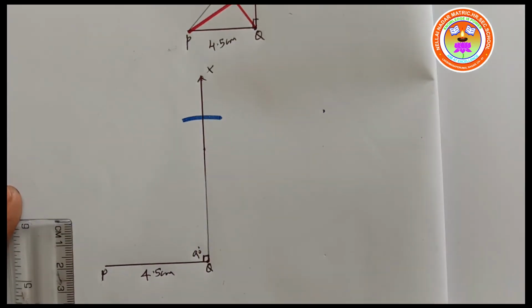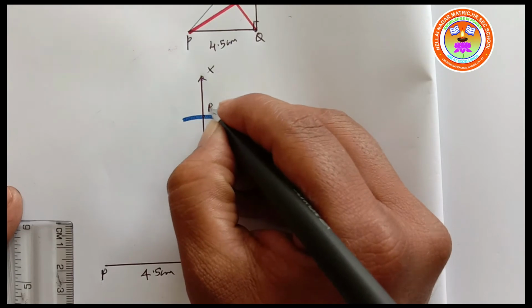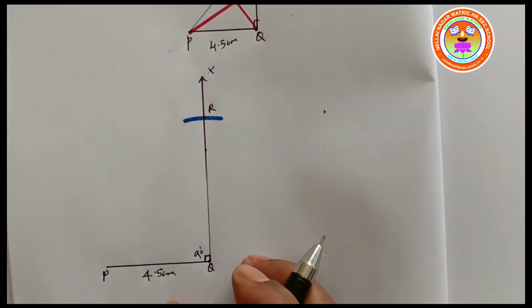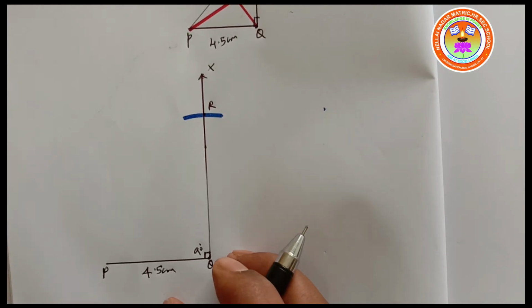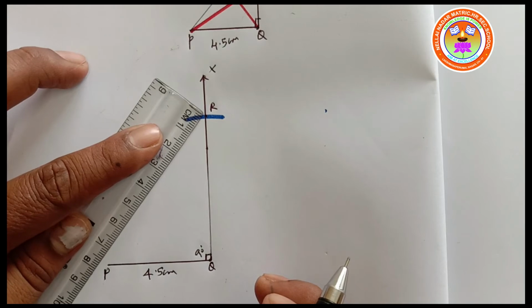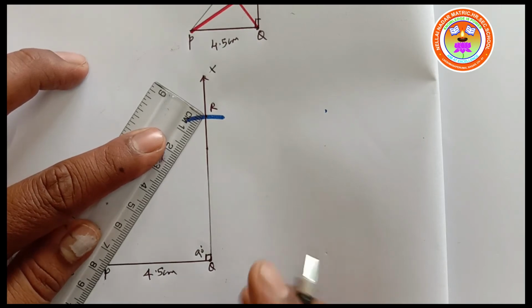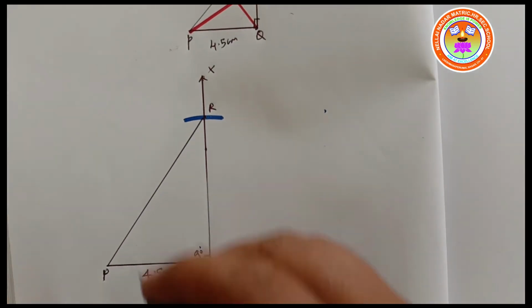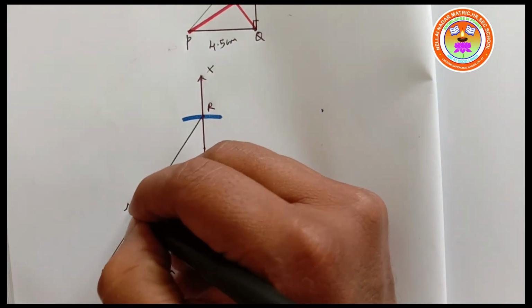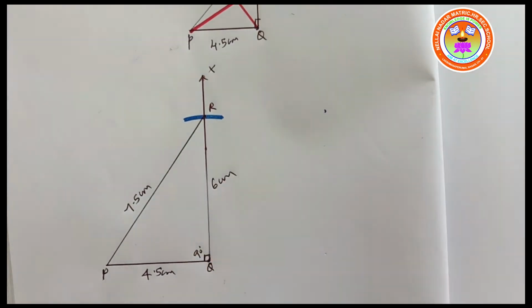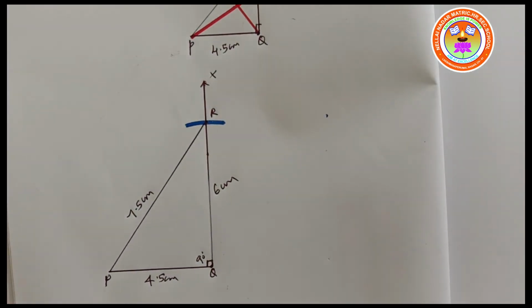Now this point is R. It's clear, children? Now P to R should be 7.5 centimeter. Yes, 7.5 centimeter exactly. And this is 6 centimeter. So you got a triangle, children, right?